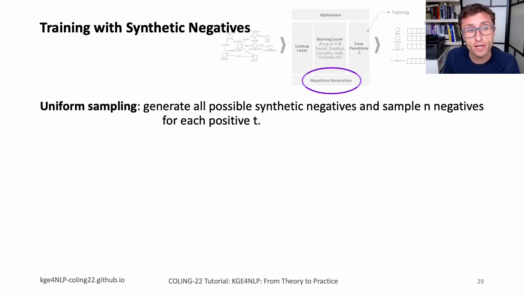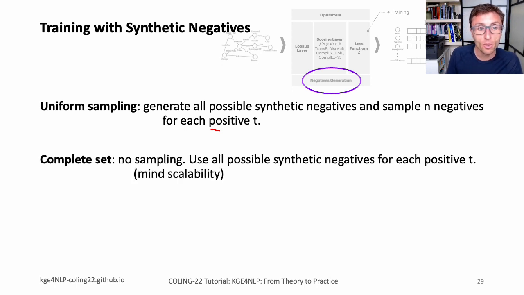There are a few different strategies to come up with these negatives. One is to generate all possible synthetic negatives and then sample n negatives for each positive triple T. That's by applying uniform sampling, or we can use the complete set of corruptions, so no sampling at all.